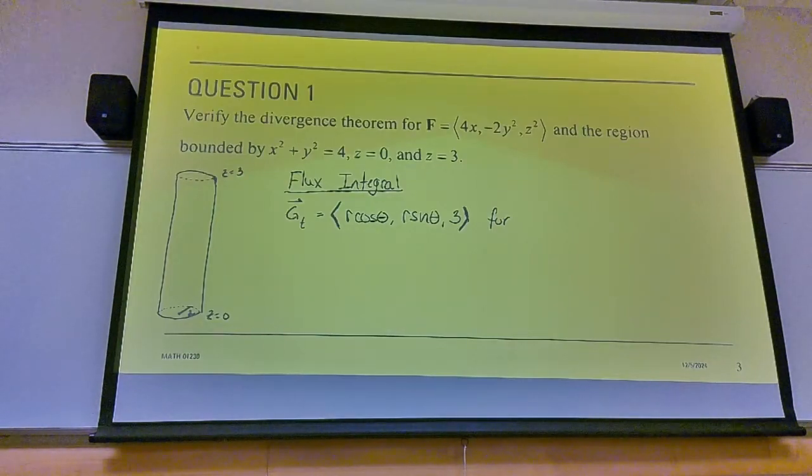Well, this isn't a triple integral. This is the flux integral we're doing, so we're doing surface integrals. r goes from negative 2 to 2, doesn't it? Oh, yeah, because it's squared. Oh no, it goes from 0 to 2. r from 0 to 2, and then theta is from 0 to 2 pi.